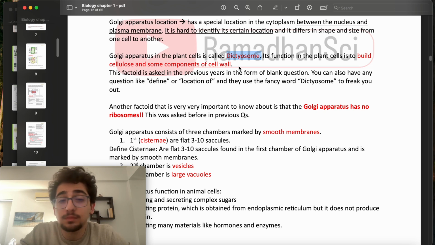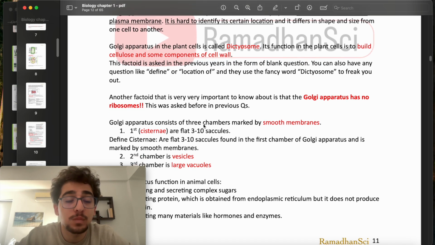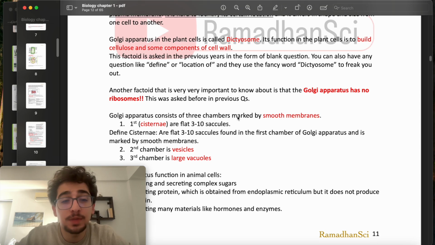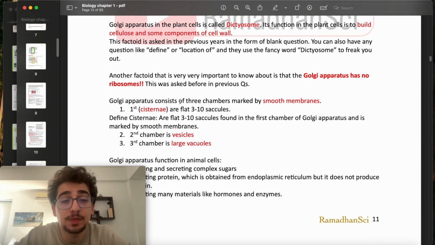Definition, you will just have to write whatever you know about it. And the function here, you're going to be specific because it's only in plant cells. Cellulose. So dictyosome basically is Golgi apparatus in plant cells.